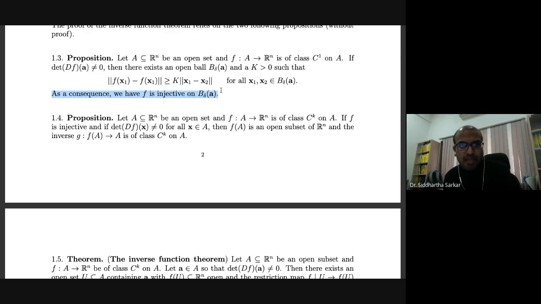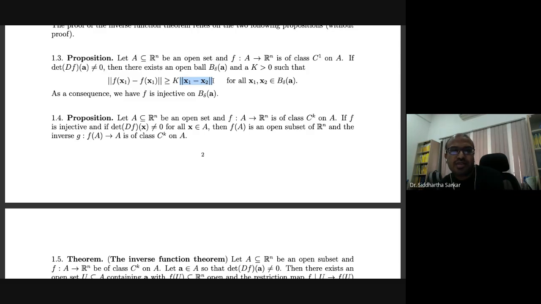So I think that comes from, yeah, that is immediate, right? For instance, if fx1 and fx2 are the same, then this vanishes. Because k is positive, this forces the norm of x1 minus x2 to vanish. Therefore x1 should be equal to x2. So injectivity is kind of immediate.